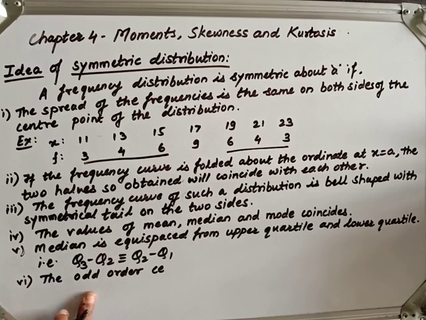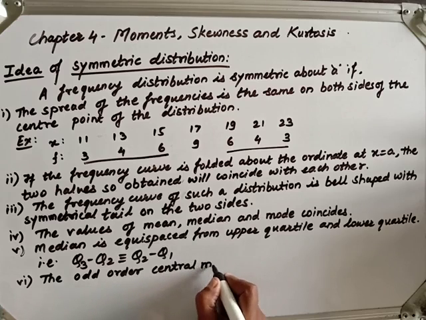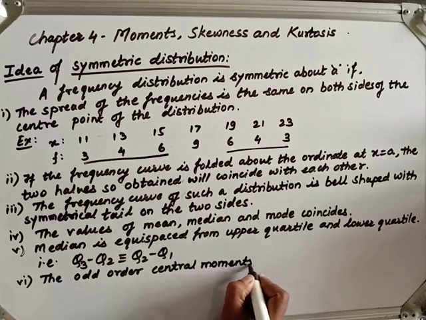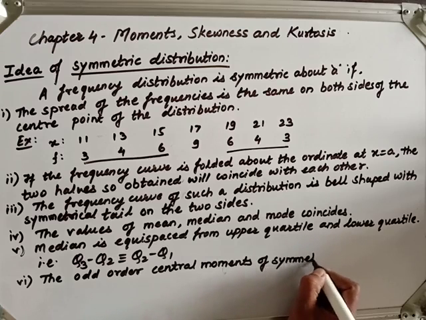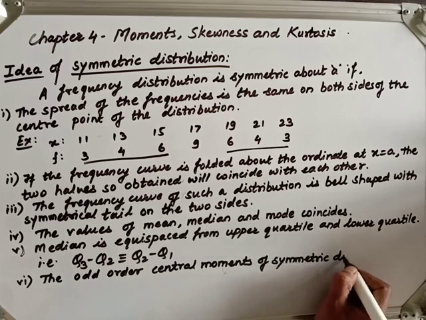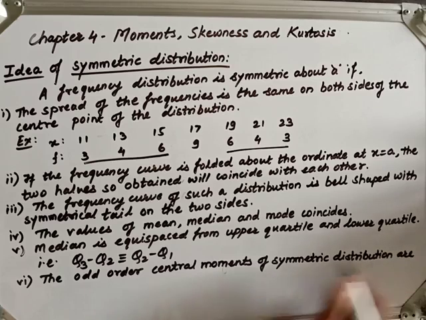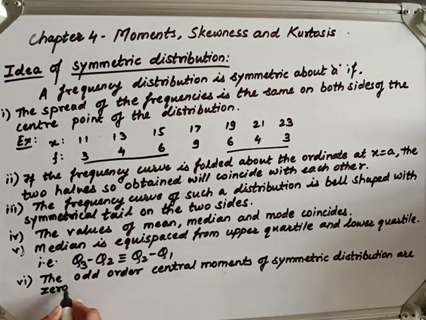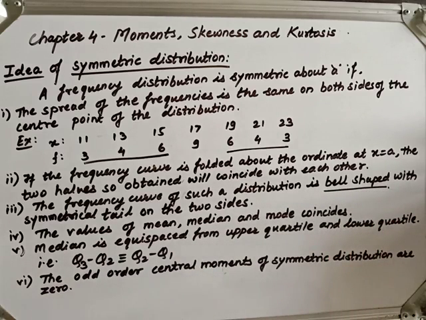So here one property is about the central moments: odd order central moments of a symmetric distribution are 0.